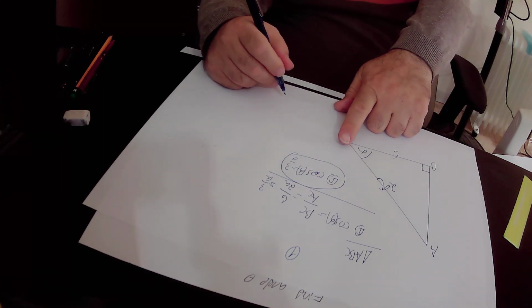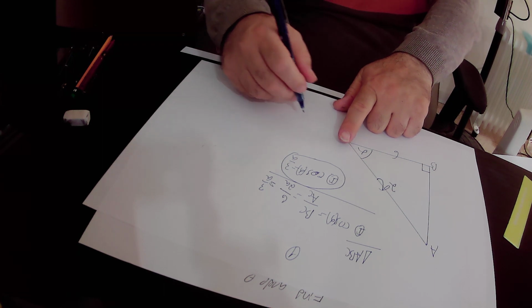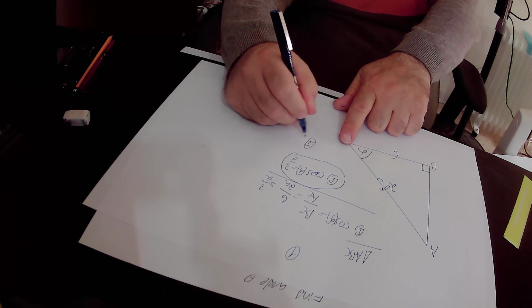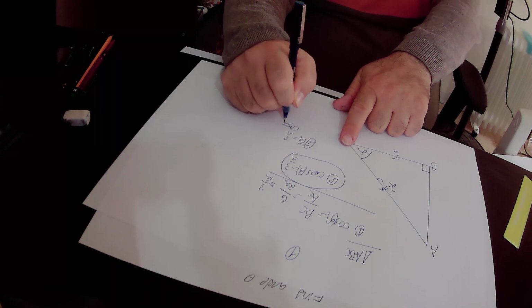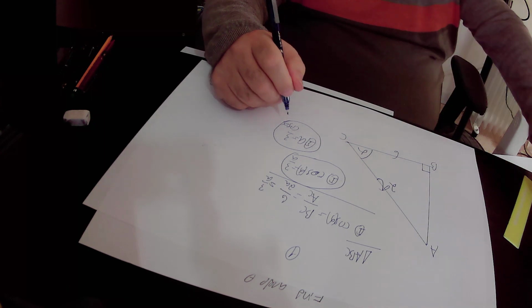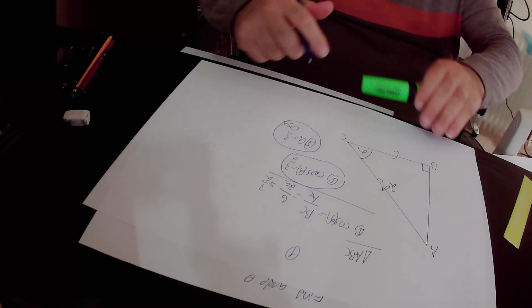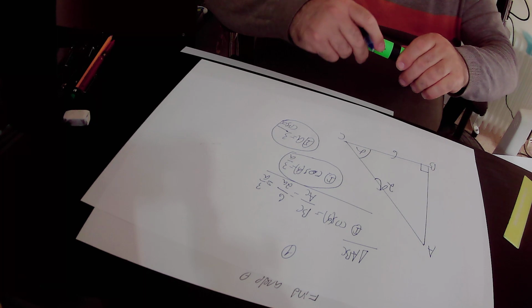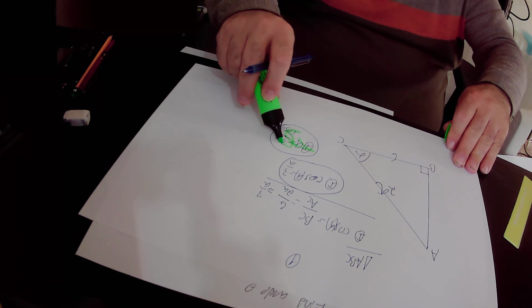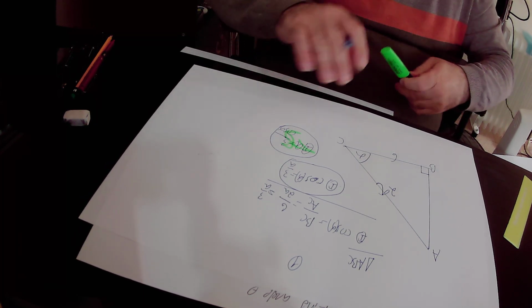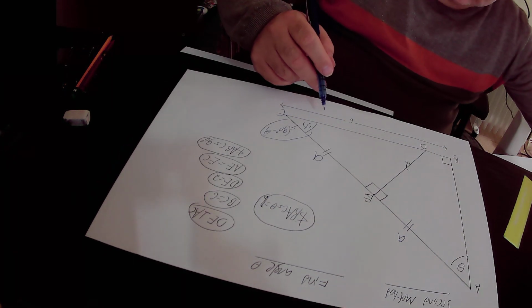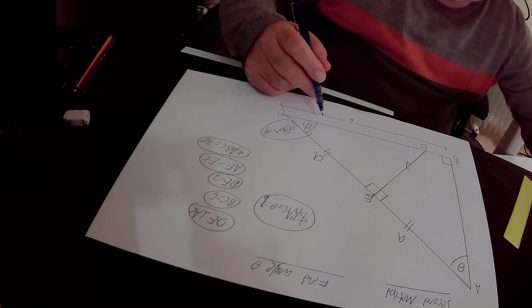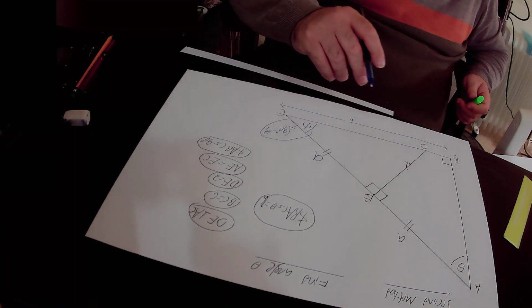Here we will multiply equation number 1 by a, and then divide it by cosine alpha, and we get that a equals 3 over cosine alpha. Okay, we found that according to equation number 1, a equals 3 over cosine alpha. In the next step, we will focus on the right triangle DEC. So I will copy the right triangle DEC in the new page, and we will analyze it.